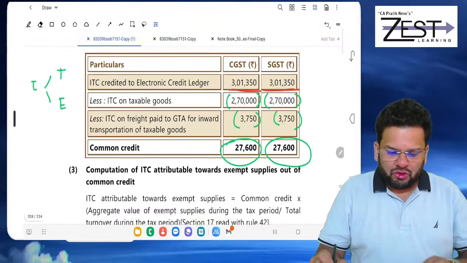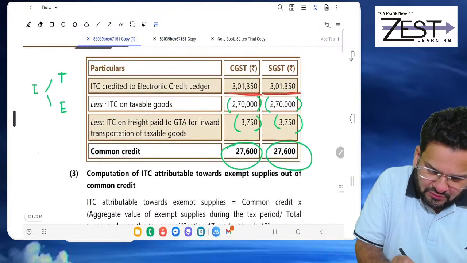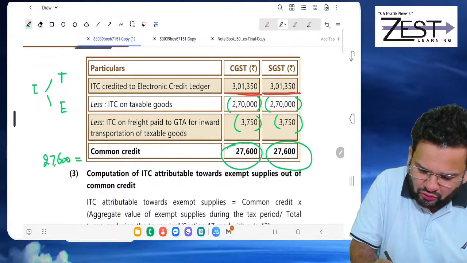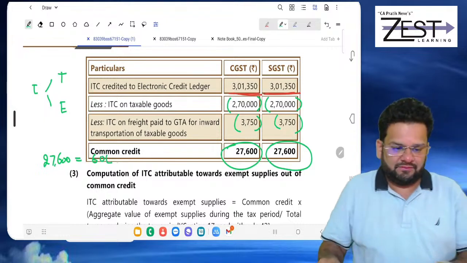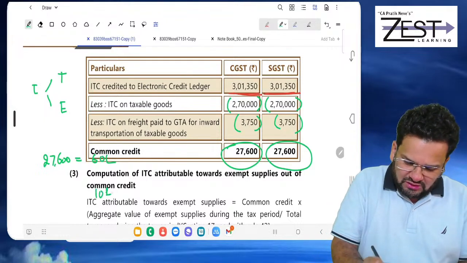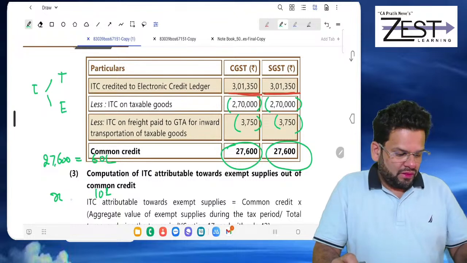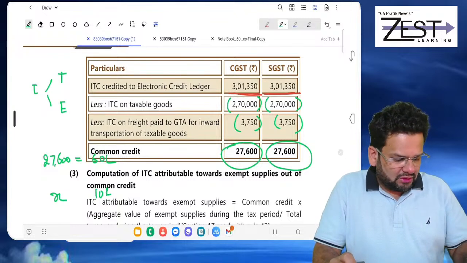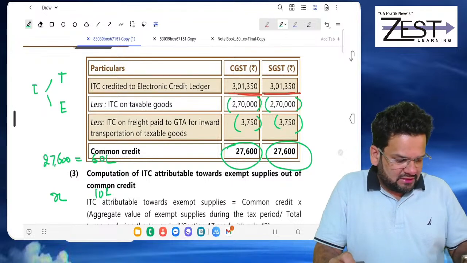So can you do 27,600? So do you agree that 27,600 is overall for 60 lakhs? So how much for 10 lakhs? In short, 27,600 into 10 divided by 60.